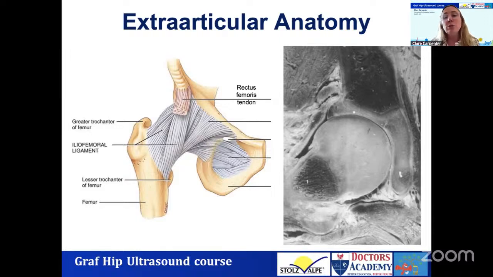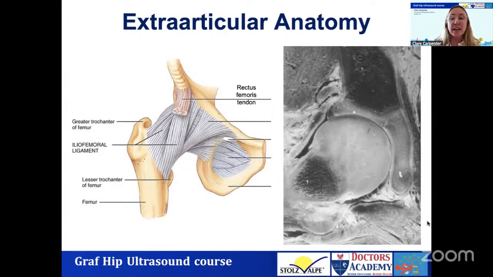Above the capsule, you see the stabilizing, reflected and straight head of the rectus femoris tendon. That is one of the structures that we look at when determining the types of hips we see on ultrasound. So on the cadaveric slide we see here, we see the cartilaginous femoral head.